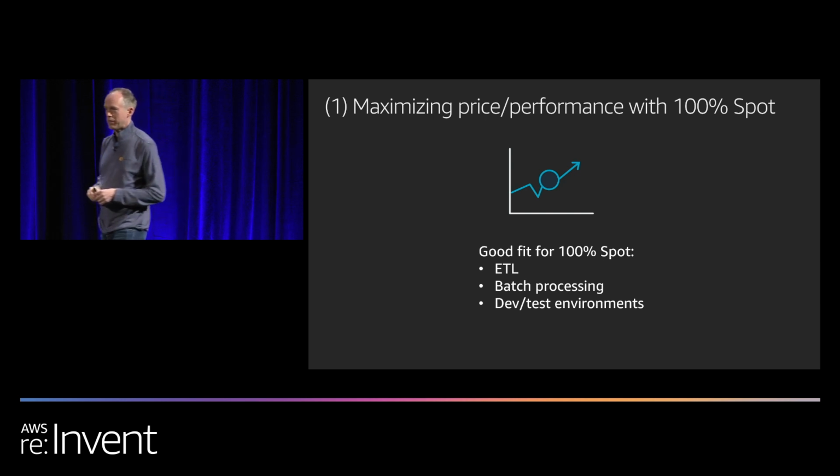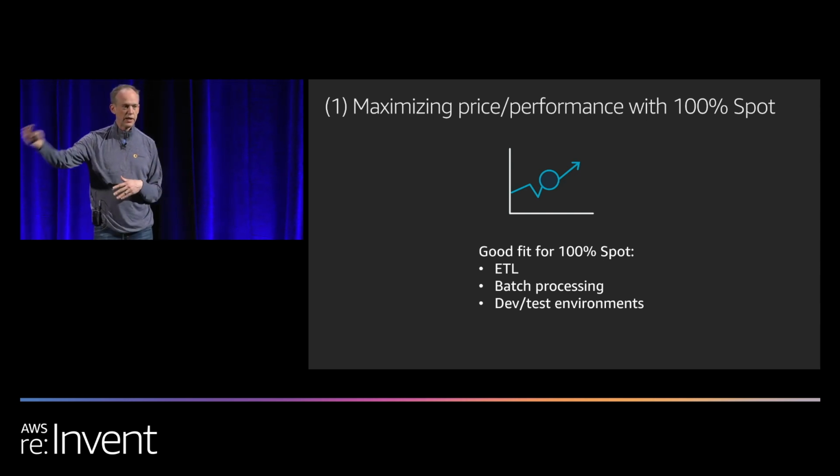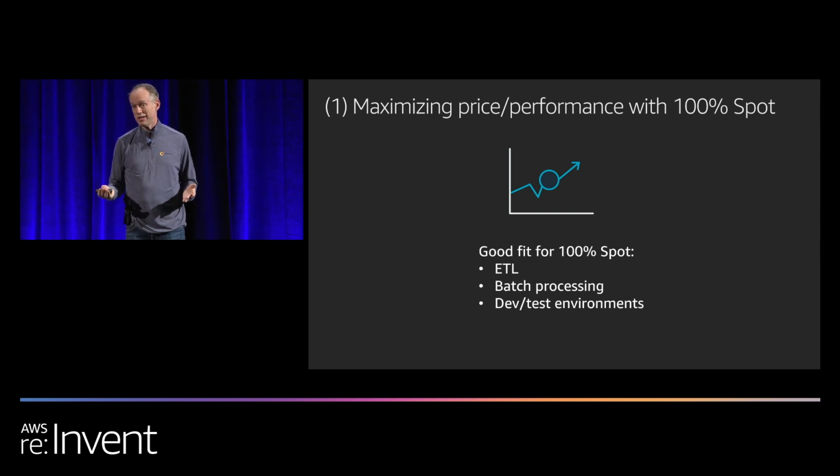So think about an ETL processing system where you're extracting data, transforming it, loading it into another. If you don't have a real tight deadline for that, run it all on spot. If you lose the capacity, it'll take you longer to finish the work, but you'll save up to 90% on the cost to do that work.